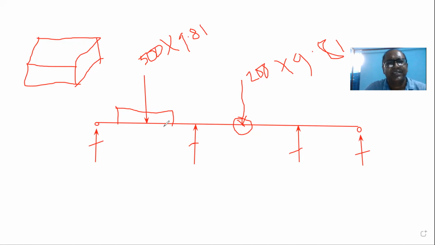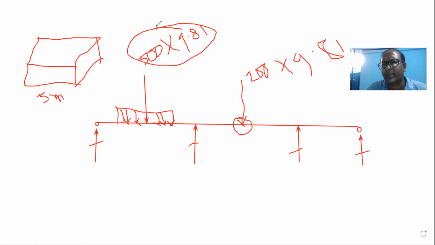Why? This load is actually uniformly distributed within this distance, right over here. How can we say? The length from here to here, your suitcase length is 5 meters. So total 5 meters carrying 500 kg.